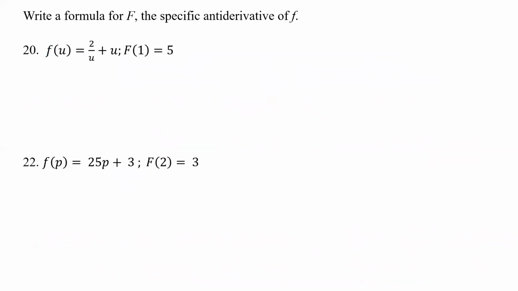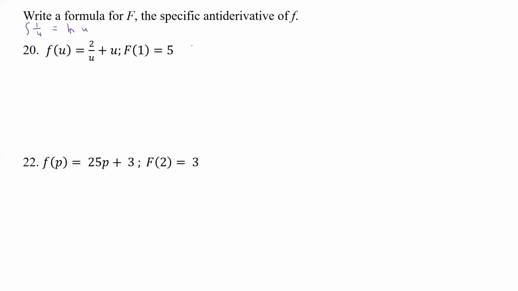All right, so here we're supposed to write a formula for capital F, the specific antiderivative. So here we have to do the specific. So it's something we haven't done yet. So what do we have to do here? Well, apparently we're going to be doing the antiderivative of this. And so that one, we have to know that the integral of 1 over u is equal to the ln of u, basically.